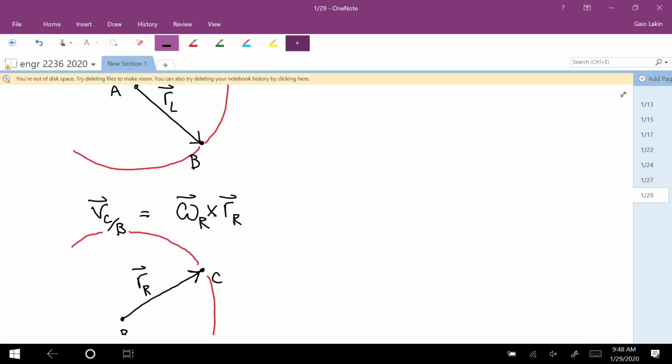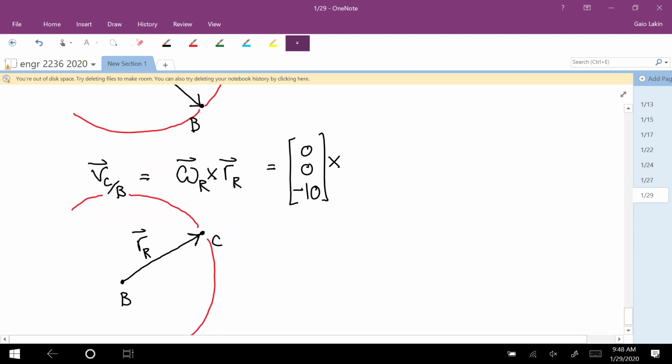So we get 0, 0, negative 10 crossed with the components of this R vector, which are positive 0.7071, positive 0.7071, 0.